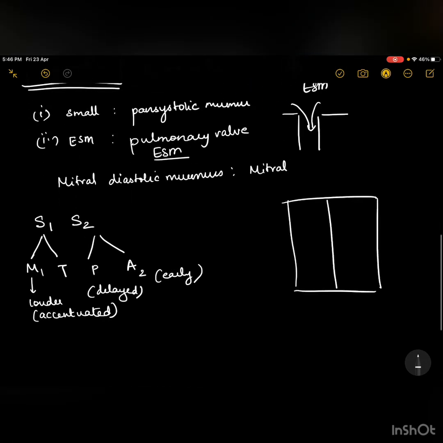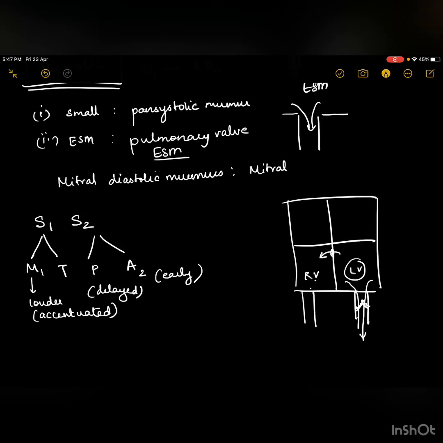A2 occurs because of closure of the aortic valve, and because the blood from the left ventricle is already being emptied out into the right ventricle, there is a lesser amount of blood that needs to be pumped out of the left ventricle, and as the lesser amount of blood gets drained out through the aorta, the aortic valve closes earlier as compared to the pulmonary valve. Now the right ventricle has more blood, which has to be drained out through the pulmonary vessel, and so A2 is earlier than P2.